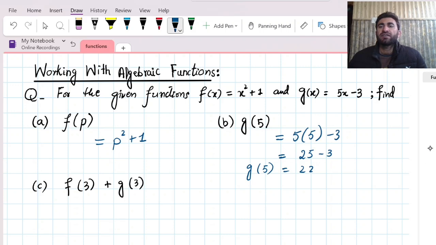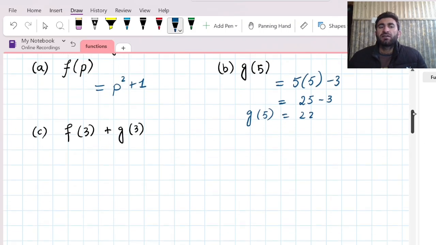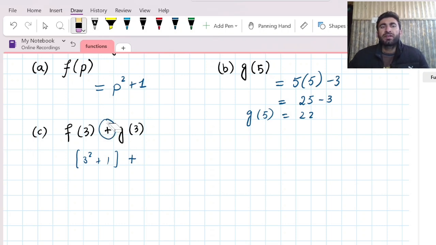In the next part, we have taken another example, another value of the function. It involves two values of the two functions, f of 3 plus g of 3. So we can do it in 2 or 3 steps. First, we will find the value of f of 3. It will be 3 square plus 1. Close it with the square brackets, then place the positive symbol which was given between the functions. Then write the value of g of 3, and g of 3 will be 5 times 3 minus 3.